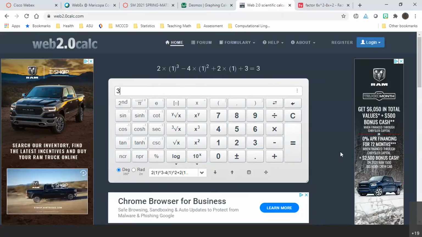There you go. Somehow when I backed up, I lost the plus 3 at the end of the function. So 2x cubed minus 4x squared plus 2x plus 3. That evaluates to 3 when x is 1. Okay, so everybody see how to use both calculators? Anybody have questions? I'm showing both of them because I know not everybody has the same thing.